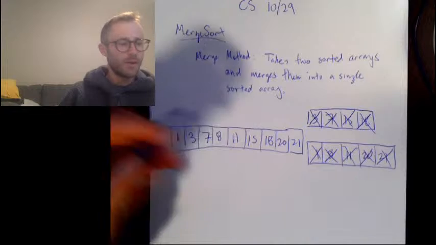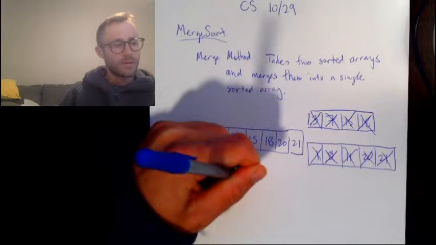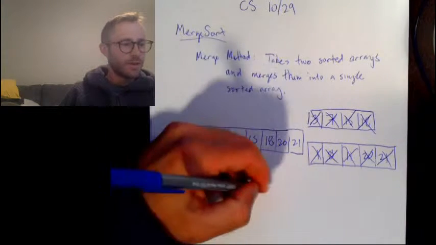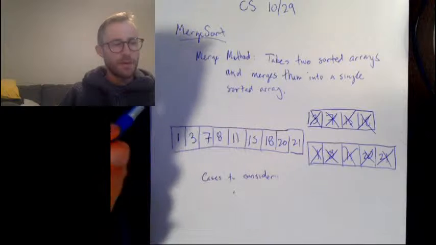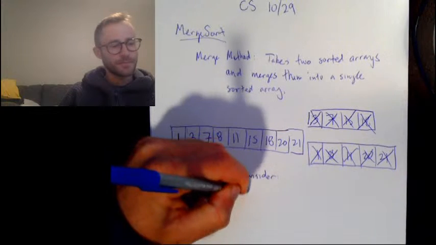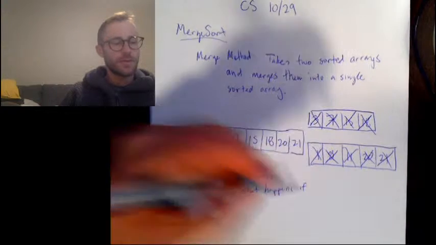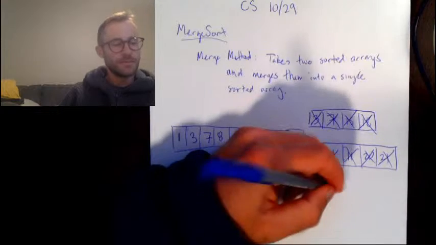There are a couple of cases to consider when you guys implement the merge method today. So you have to think about what happens if the two elements compared are equal.